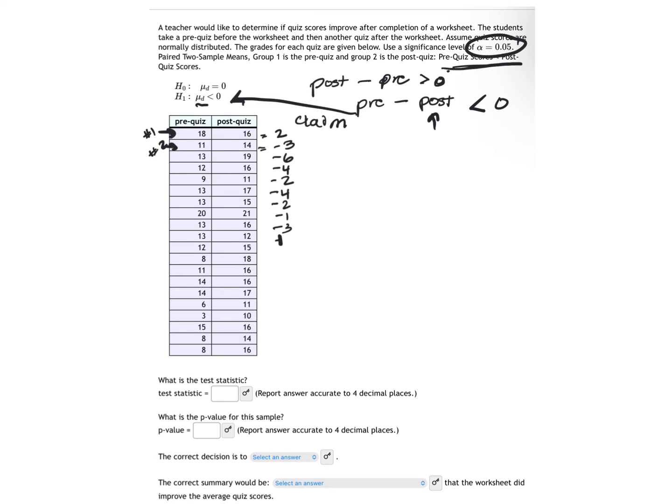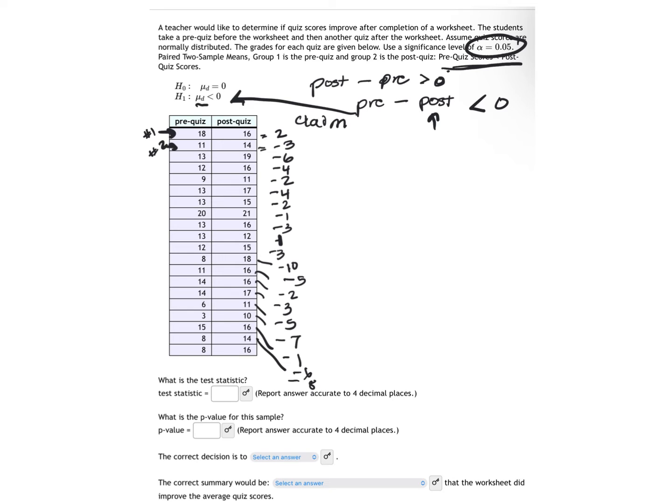Positive 1. Negative 3. Negative 10. Negative 5. Negative 2. Negative 3. Negative 5. Negative 7. Negative 1. Negative 6. And negative 8. So, sorry, by hand. You certainly wouldn't need to.